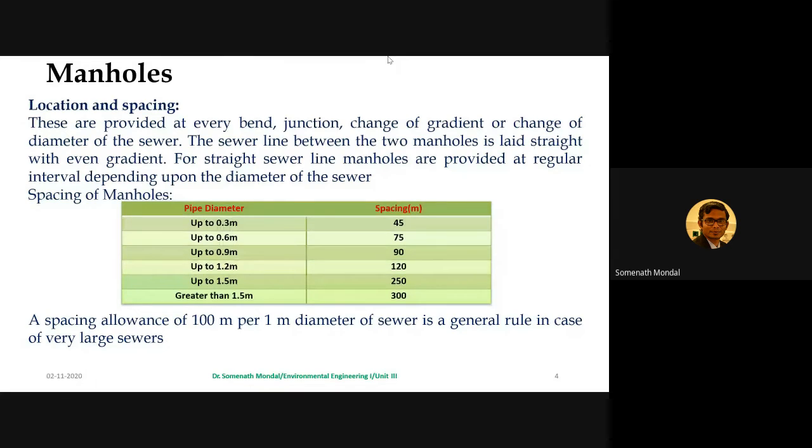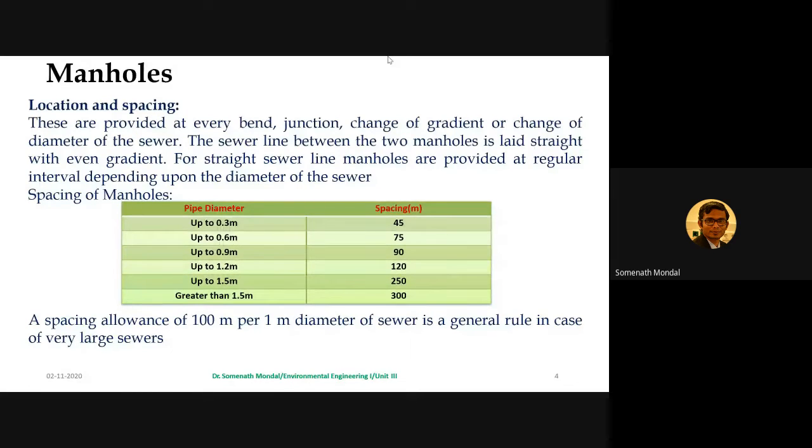The manhole spacings generally adopted on sewers are given in this particular table. You can see the spacing of manholes for straight alignments. Up to 0.3 meter diameter of the sewer, we have 45 meters of spacing.